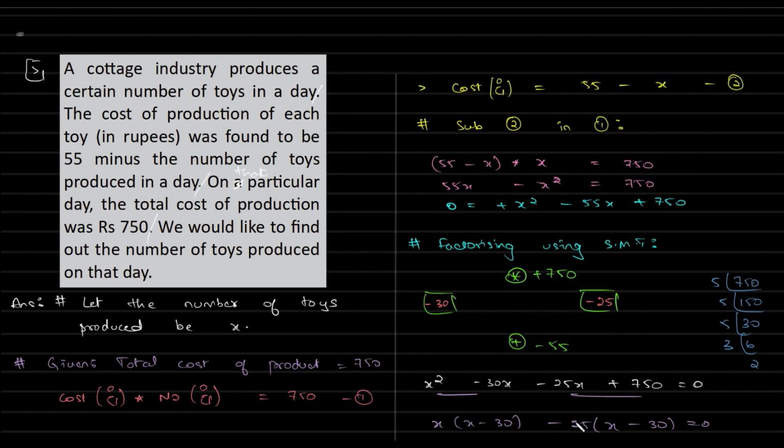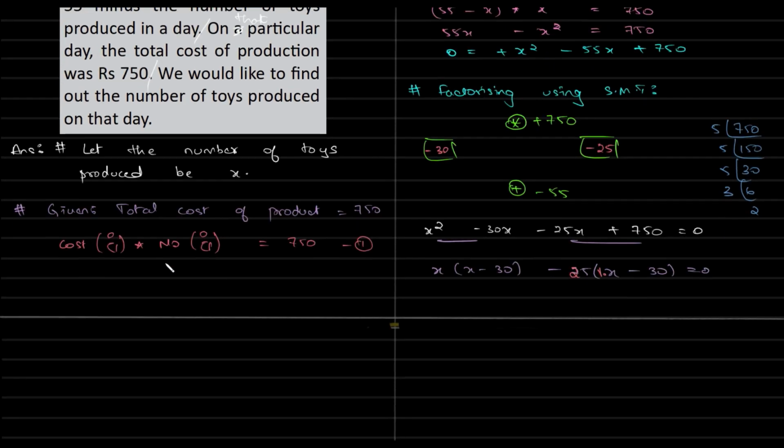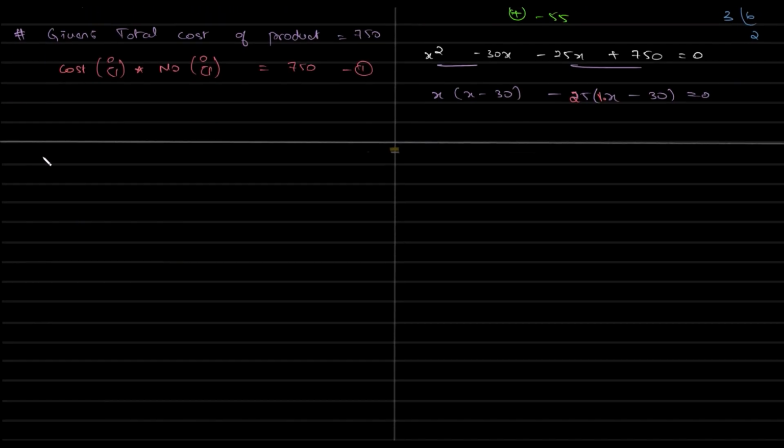So I took a negative out. And 25, because I need a 1 over here. So by default, I have to take 25 out. And so we have minus 25 being taken out. And this is your answer, I mean, intermediate answer. So we have x minus 30 into x minus 25 being equal to 0. Now we just have to figure out the roots.